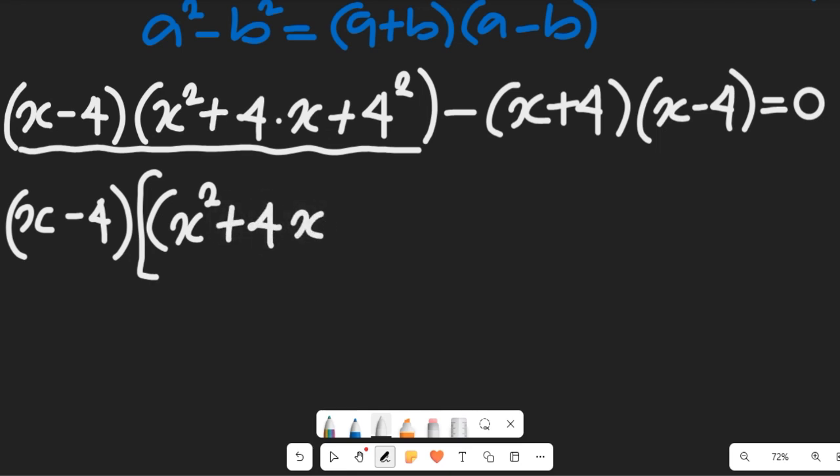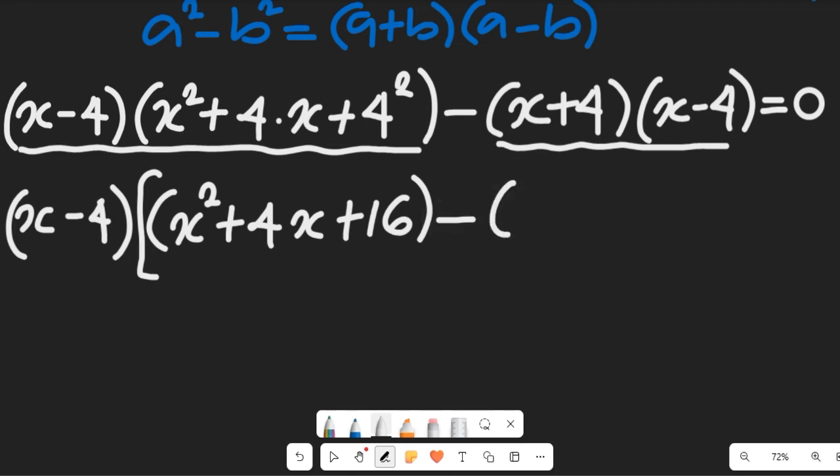And then we'll have 4 squared to give me what? 16. Plus 16, right? And if I have all this expression divided by x minus 4, I'm going to have this become minus x plus 4, and all of these equal to 0. So what I'm going to do is simplify the inner part.